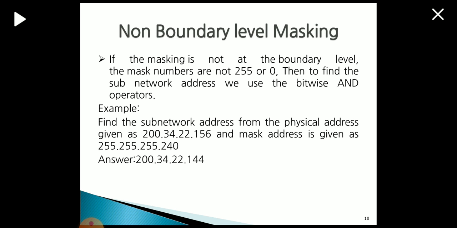The answer is 200, according to boundary level masking, 255 and 200 will return 200, 255 and 34 will return 34, 255 and 22 will return 22. While in non-boundary level masking, the values other than 0 and 255, that is 240 and 156, will return the value 144 after performing the AND operation.